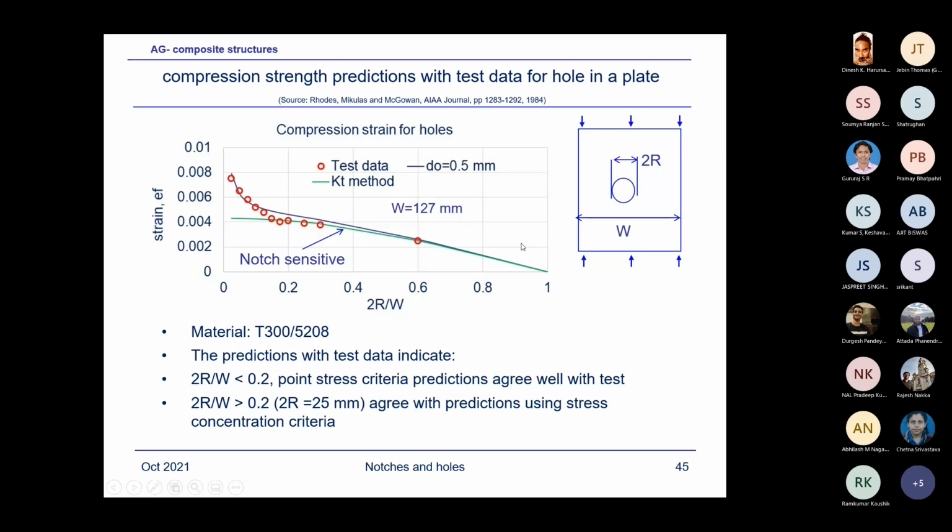But when the hole size is large, in this region, the predictions match well with KT. So we take advantage of this: when the hole is large, you can predict the strength using KT rather than the point stress criteria.